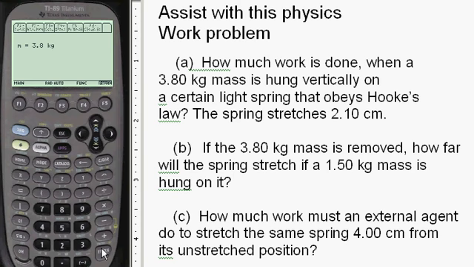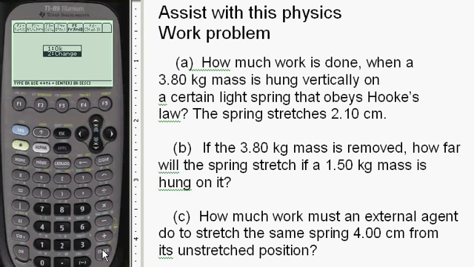So kilograms, we do that for you. And then we're going to enter the initial stretch. Alpha 2.1 centimeters. Well, that's divided by 100, so 0.021 is the correct calculation term.